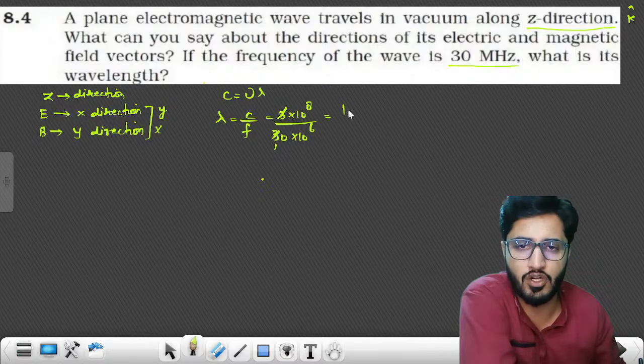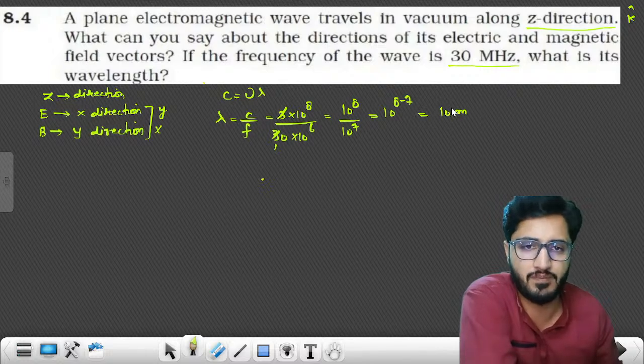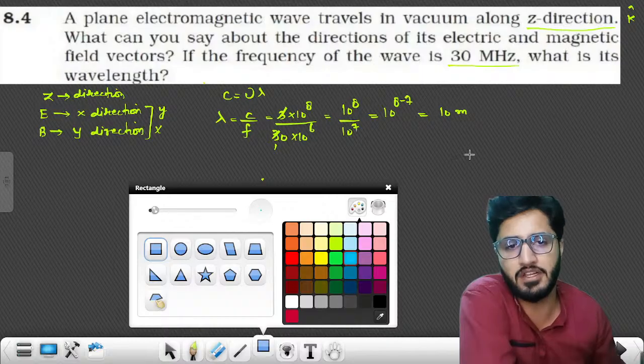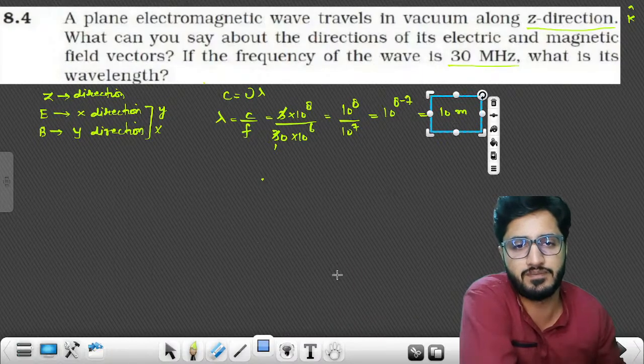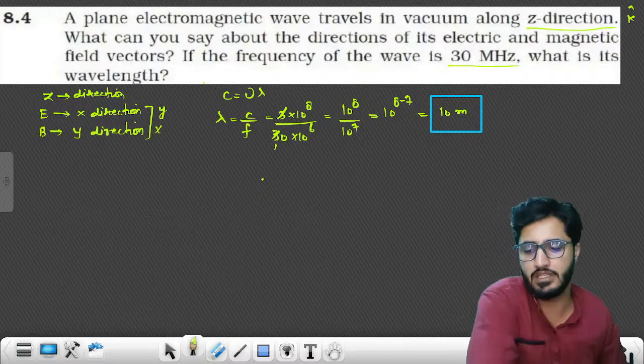So we have 10 to the power 8 divided by 10 to the power 7, which equals 10 to the power 8 minus 7, equals 10. So my answer came out to be 10 meter, and 10 meter is my required answer. Easy, beta? Easy or super easy?